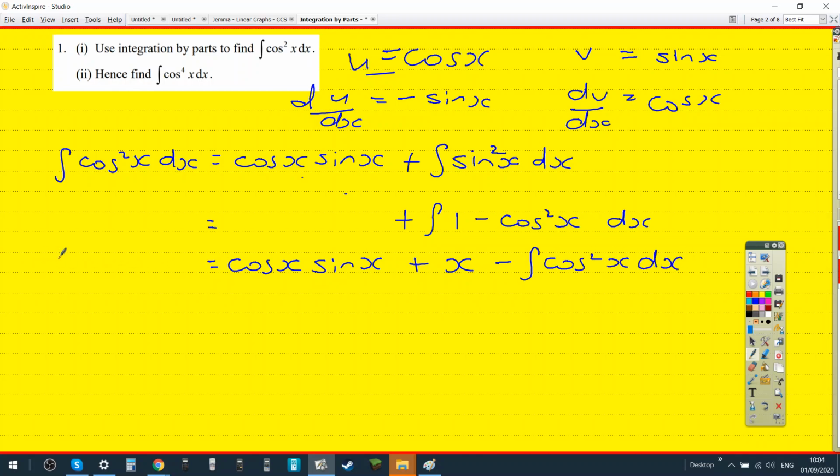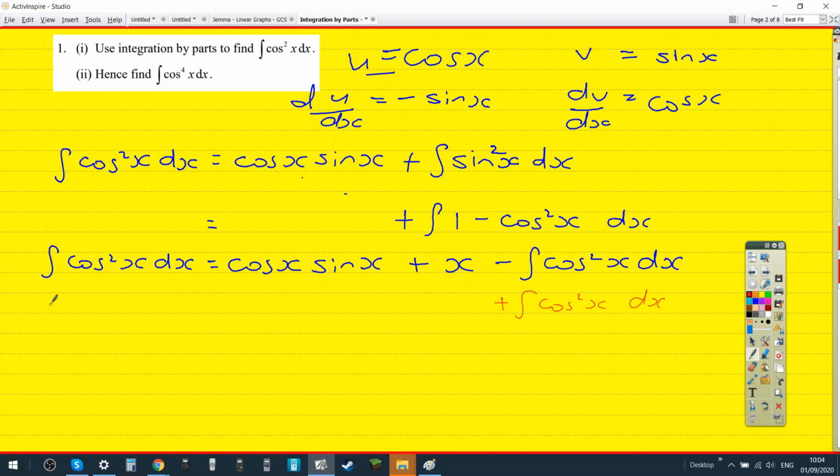So you'd think we clearly have an infinite thing, because the integral of cos squared x dx is something minus the integral of cos squared x dx. Any idea how you'd deal with that? Could you add the cos squared x together, like add it on the other side? That is what you do.